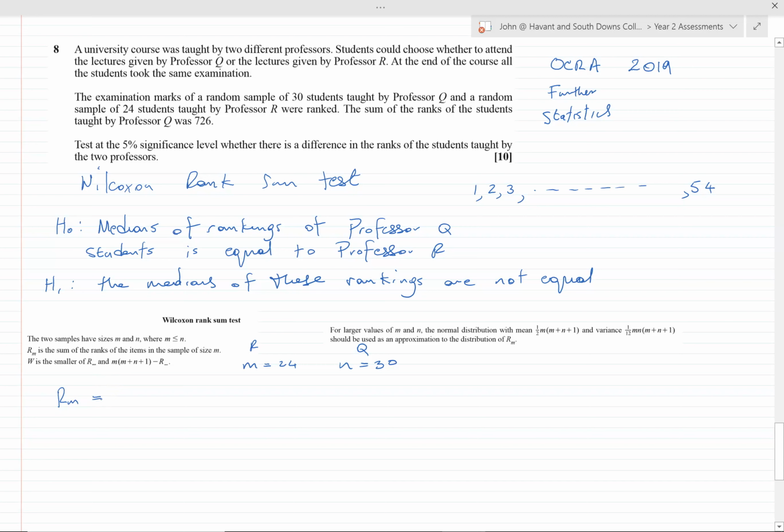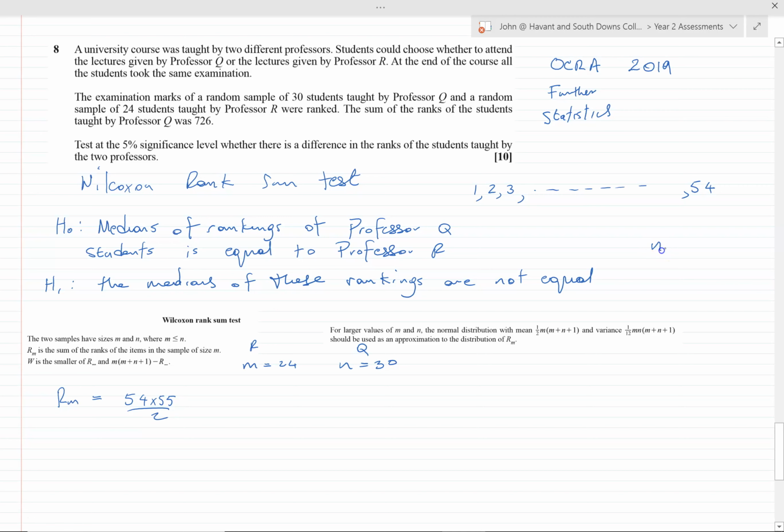So we have R_m equal to, right now, we're given the ranking of the 30 students of Professor Q. Well, the numbers 1 to 54 all added together, using the formula for the sum of triangle numbers, is equal to 54 times 55 divided by 2.